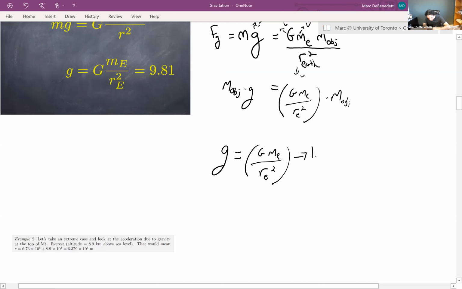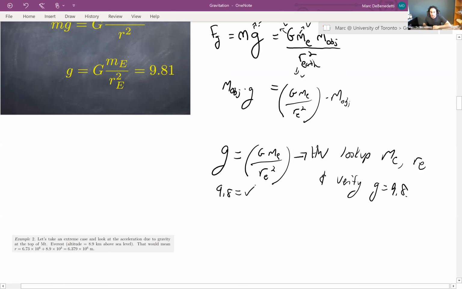And I encourage you for homework to look up the mass of the Earth and the radius of the Earth, and verify that g in fact equals 9.8. You can do that quite easily. You just do capital G, which I've given you above, times the mass of the Earth divided by the radius of the Earth squared, and you should get 9.8.